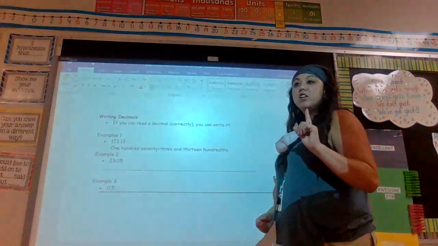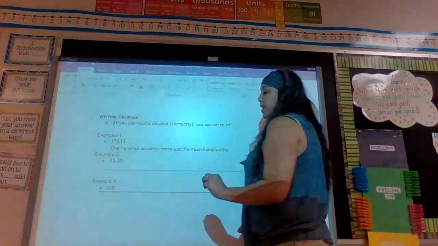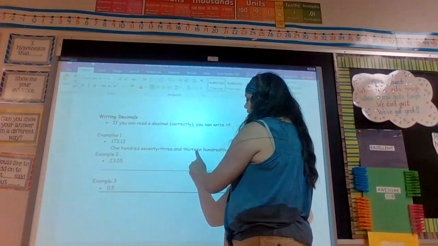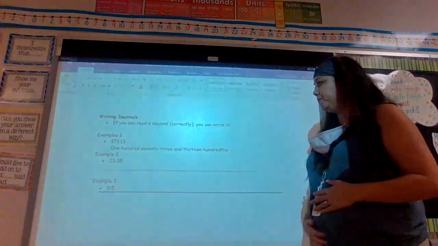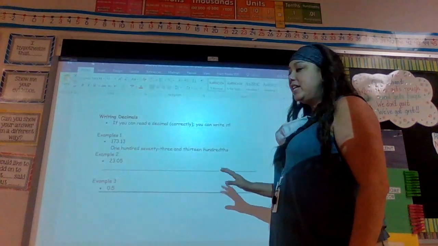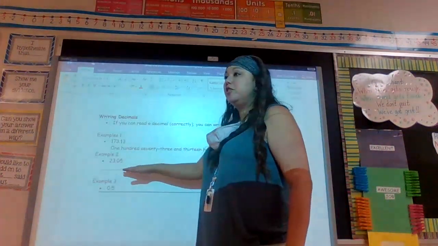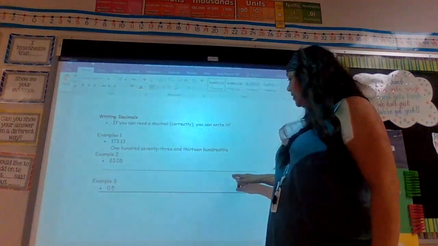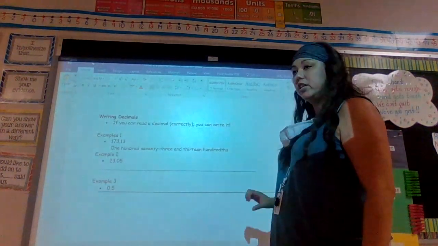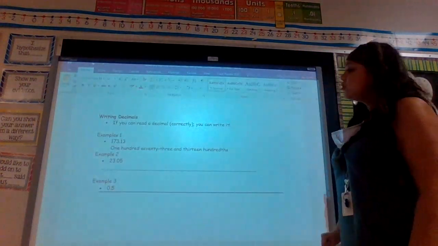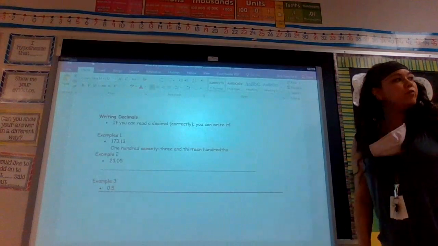The same way you would say it properly with place value: 173 and 13 hundredths. Since right now my smartboard is not doing PDFs, I will read these to you, and know that that's the way you would write it. It will work on the Smart Notebook. Oh, yes, actually, I can write them on this board for you.